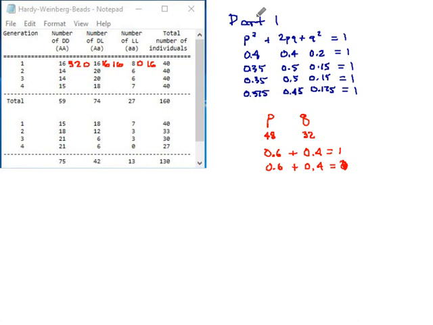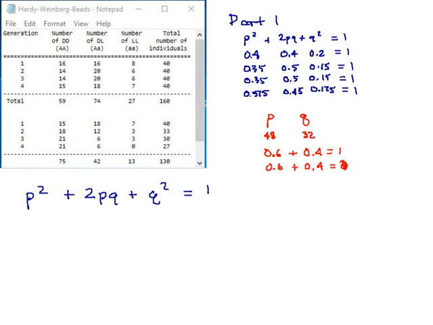Now we'll look at the part 2 data where stuff was changing, and we'll see what we find. So, first generation, I'll put my p squared plus 2pq plus q squared here because it's a good way to organize stuff. Equals, we'll see if these add up to 1 and how they behave.